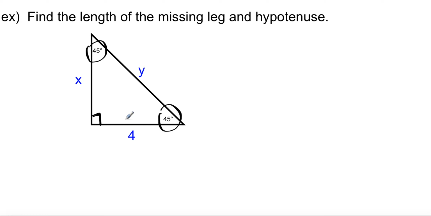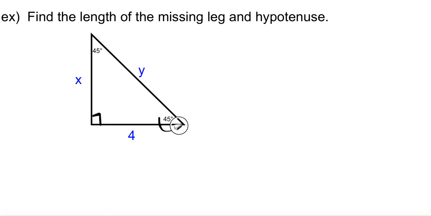So we know this is definitely a right triangle. Okay, so it doesn't have to just be 45 and 45. It could have been 30 and 60. But we know that that has to be 90 degrees because all three angles add up to 180. All right, so let me erase those circles.